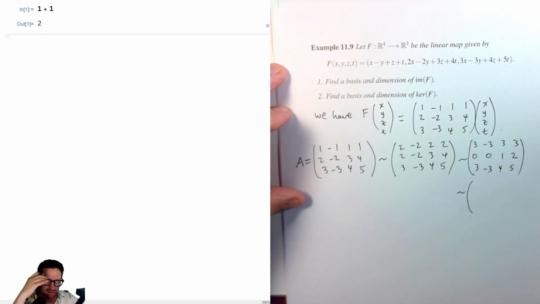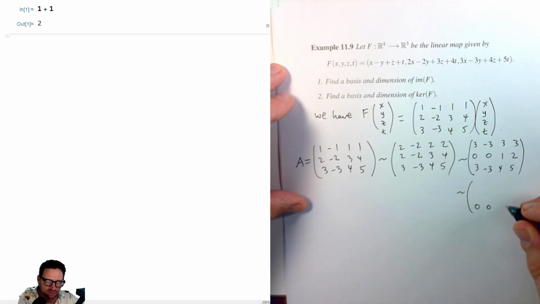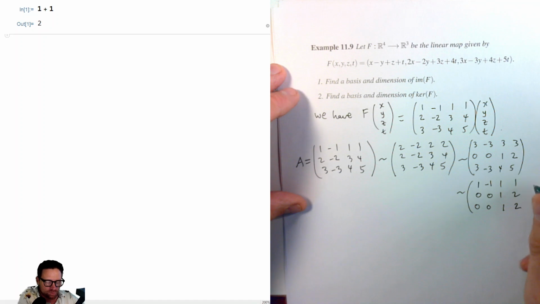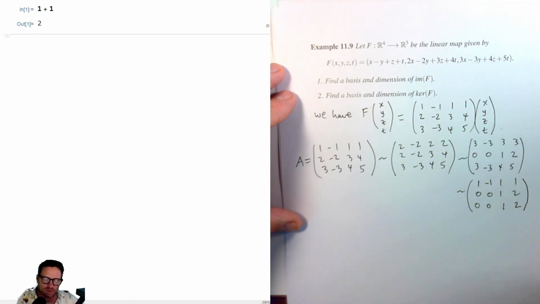Okay, so let's take replacing row 3 with row 3 minus row 1. So 0, 0, 1, 2. And we'll replace row 1 with 1/3 of row 1.